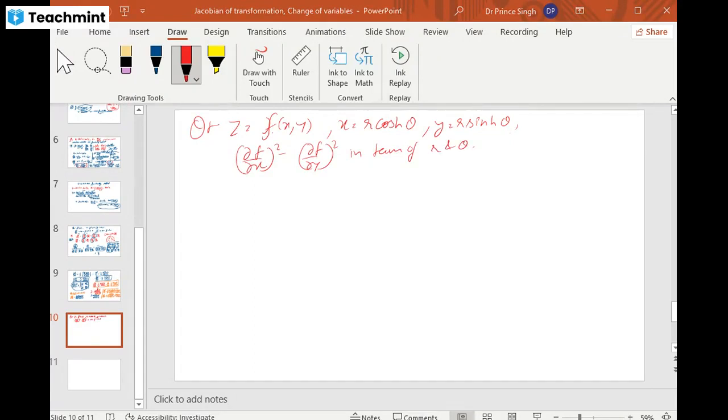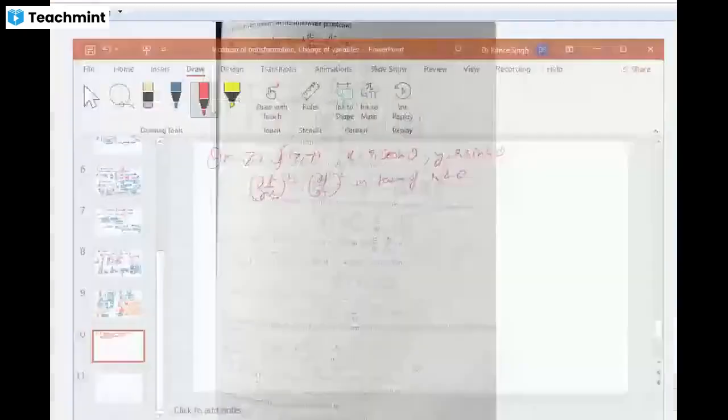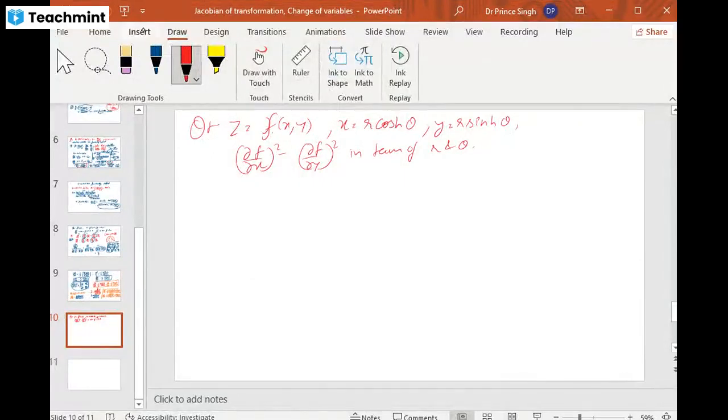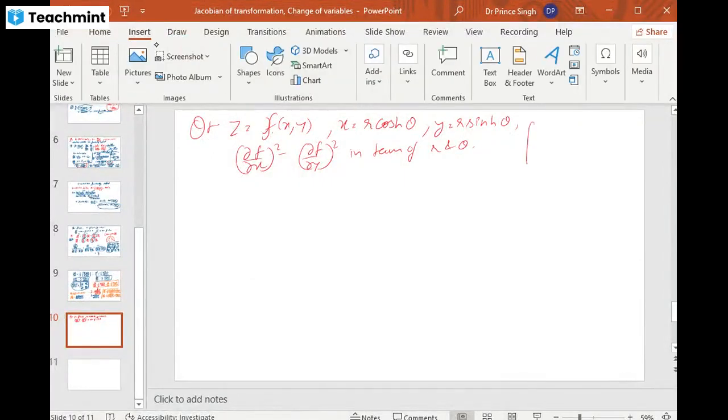Okay, so we are given that f is a function of x and y, and x and y are functions of r and theta. But we want to find curly f upon curly x and curly f upon curly y in terms of r and theta, right? So let us see how we calculate in this case. Because x and y are given as functions of r and theta, we are going to use the concept of change of variable.